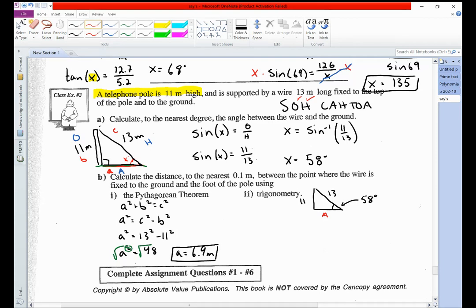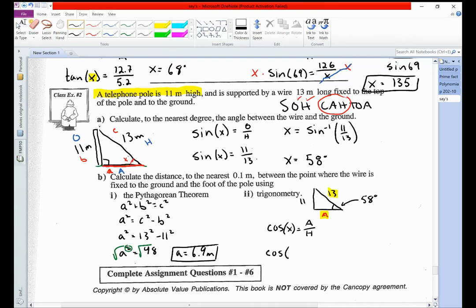We have the opposite and the hypotenuse. So what I think I'll do is use the hypotenuse and the adjacent. I'm looking at my SOHCAHTOA. Hypotenuse and adjacent gives me the cosine ratio. So I can say cosine of x is adjacent over hypotenuse.